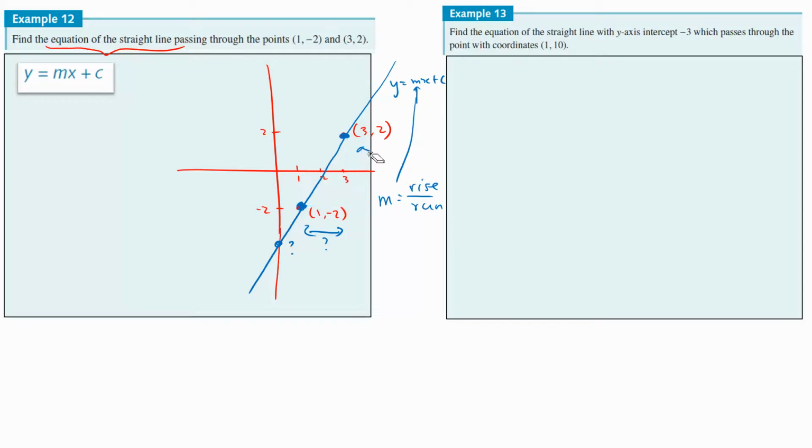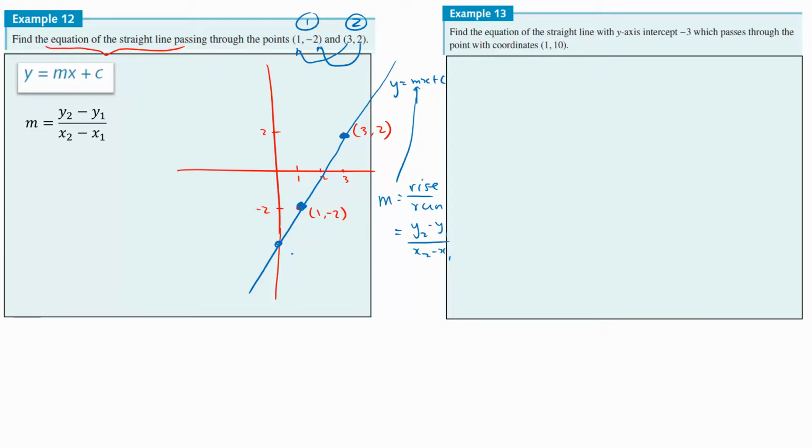From one point to the other, how much did I rise and how much did I run? Now you can do it that way, or you can use that rule that you learned in exercise 2b, y2 minus y1 over x2 minus x1. Okay, and that's what I'm going to do. I'm going to say now, I know the gradient is take any of the coordinates, take the y coordinate minus the y coordinate, and the x coordinate minus the x coordinate. All right, and I happen to call this number 2 and this number 1.